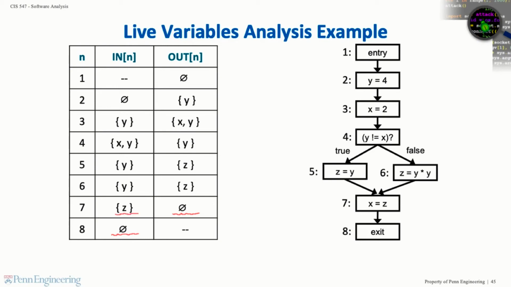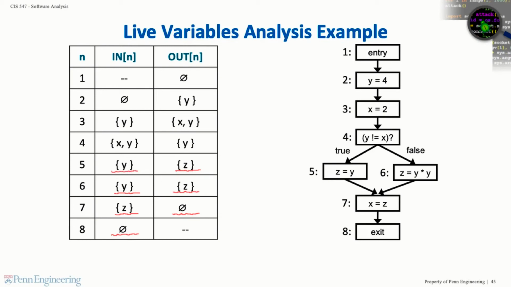Both nodes 5 and 6 take the in set of node 7 as their out set. Node 6 redefines Z and uses Y. So we remove Z from out and add in Y to obtain the in set. Node 5 also redefines Z and uses Y. So we kill Z and add Y to get the in set.